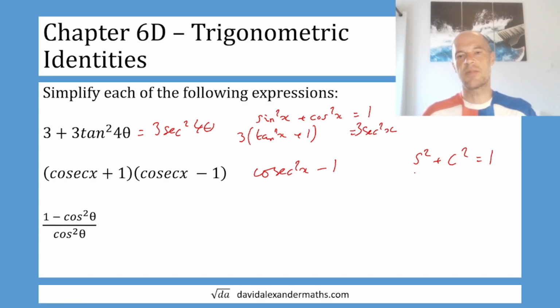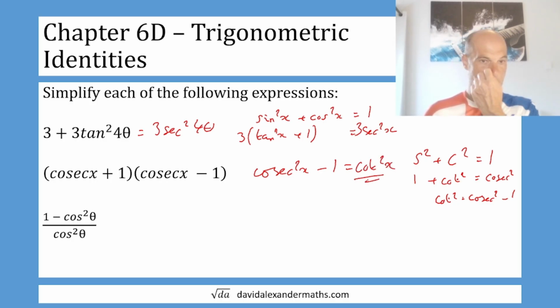So here, if I divide through by sine squared, that'll be a 1, that'll be a cot squared, and 1 divided by sine squared is cosec squared. So 1 plus cot squared is cosec squared. So cot squared is going to be cosec squared take away 1. So I can just simply write that as cot squared x.